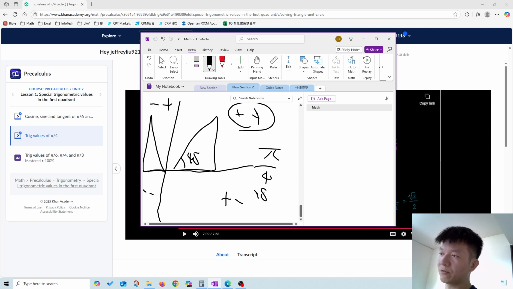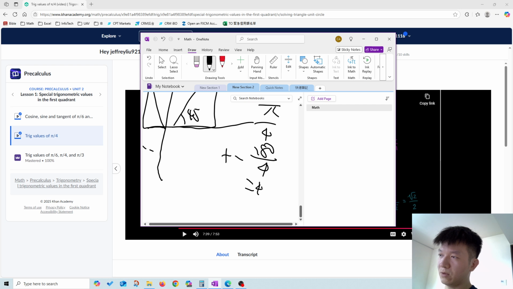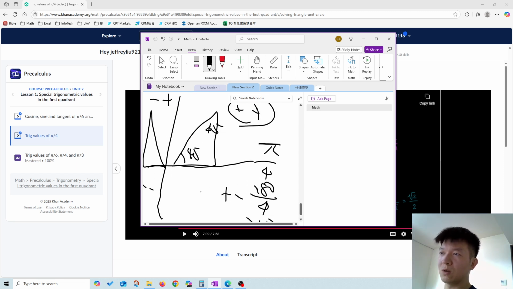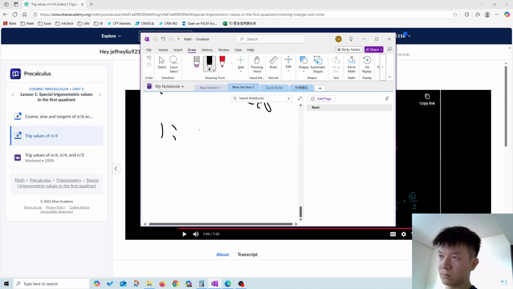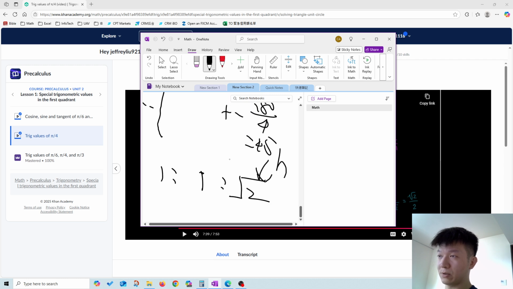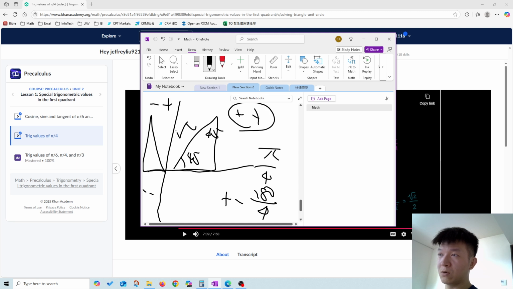So 180 over 4, you get your 45, right? So 45 degrees is a special angle again, which is 1 to 1 to square root of 2, right? And square root of 2 is our hypotenuse, okay?